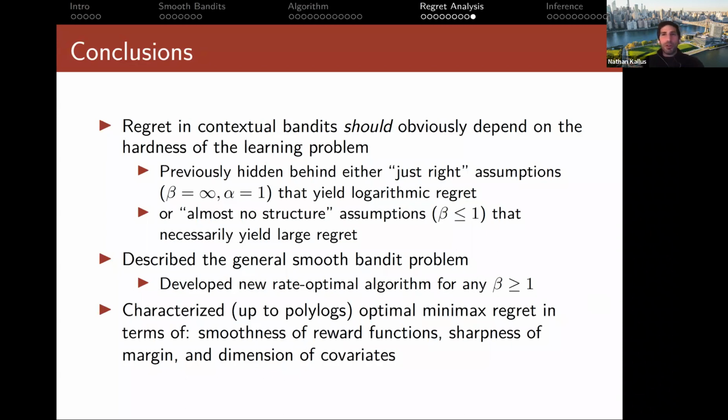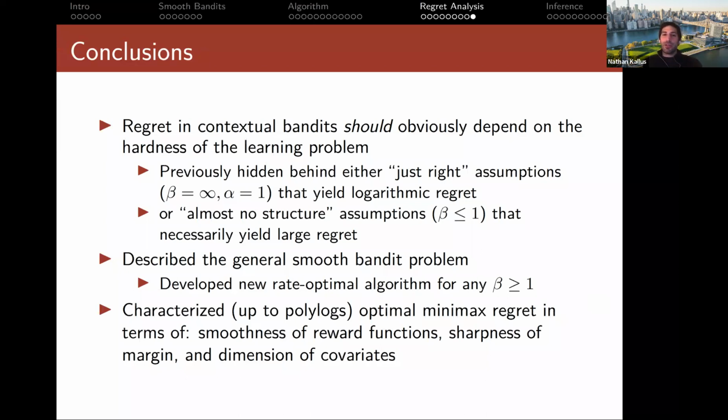But this intuitive relationship was actually hidden away behind either assuming these Goldilocks assumptions, where everything is perfectly extrapolatable and the margin is as sharp as possible, which gave us logarithmic regret, or assuming almost nothing, where all hope is lost, don't try to extrapolate, and you're going to get huge regret. So we tried to understand what's in between.